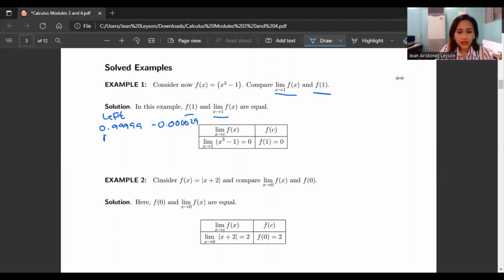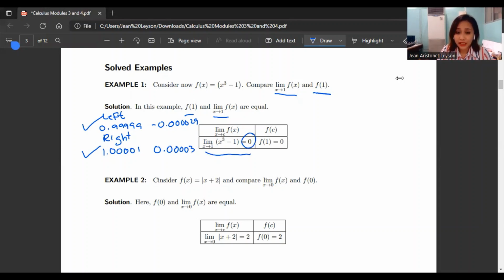Now from the right of 1, we can choose 1.00001, and evaluating that in our function will give us 0.000029. So from these two, we can conclude that the limit of the function as x approaches 1 is 0.